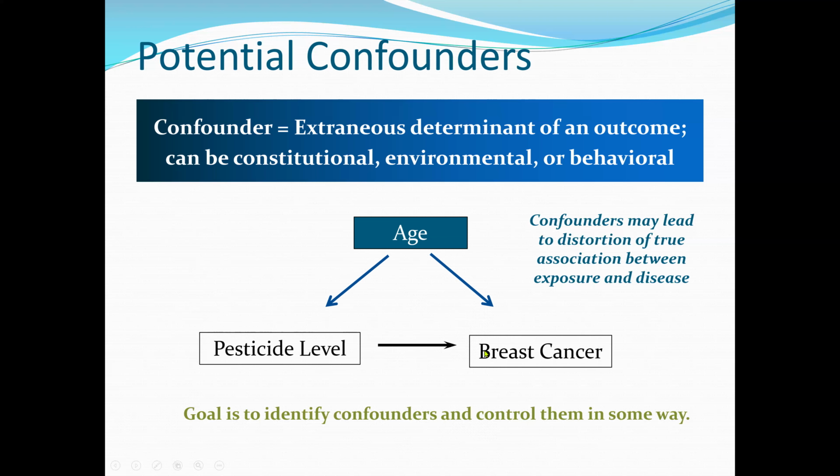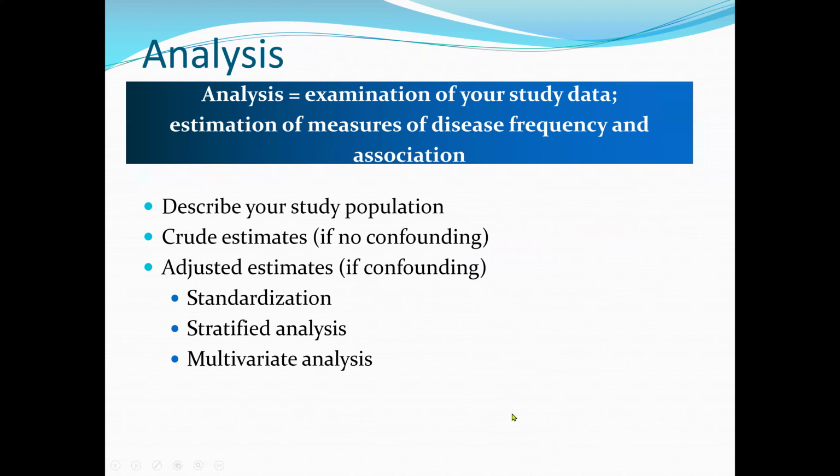So there's a relationship between pesticide level and breast cancer. But actually, the age of the people involved may contribute to this relationship between pesticide level and breast cancer. So age will be our confounding variable.